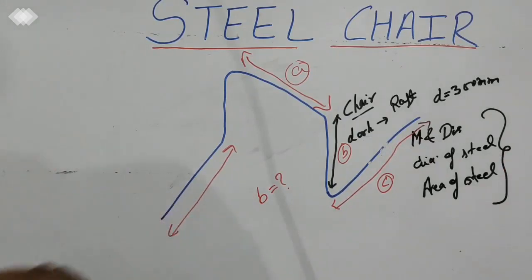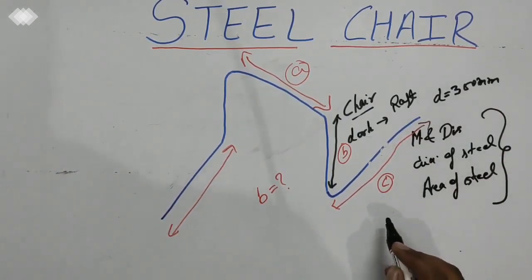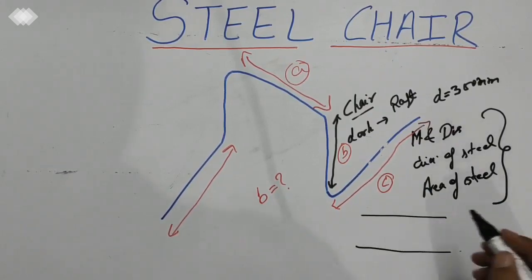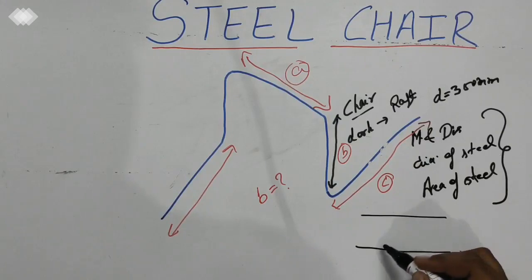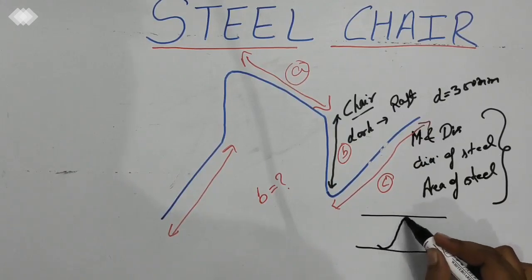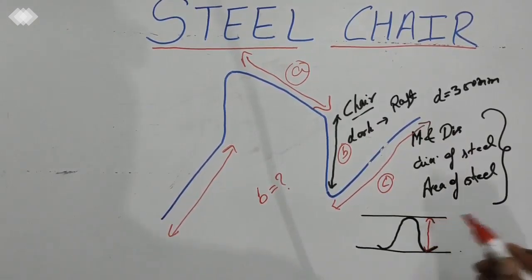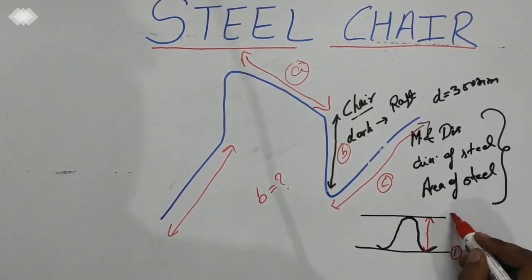So for example, if we have a reinforcement like this, like here I'm drawing, this is the front view, and so this height for this is reinforcement 1 and this is reinforcement 2.